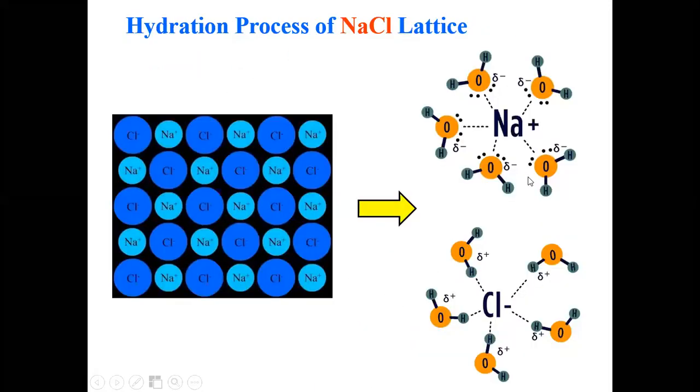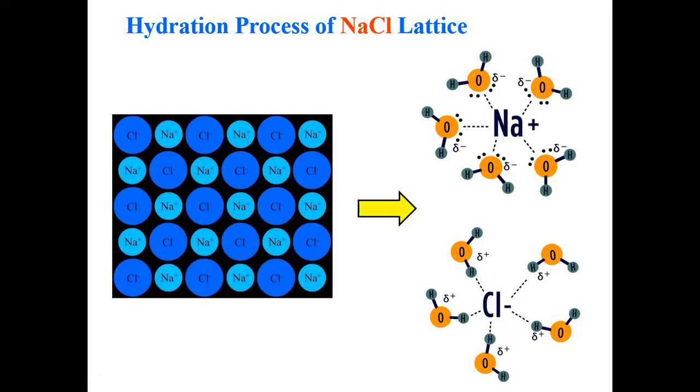Now, what is happening during the hydration, you can see here. If we dissolve sodium chloride, it separates into sodium ion and chloride ion. Now you can see in the water molecule, oxygen is more electronegative, with a value of 3.5. On the other hand, hydrogen has 2.1.